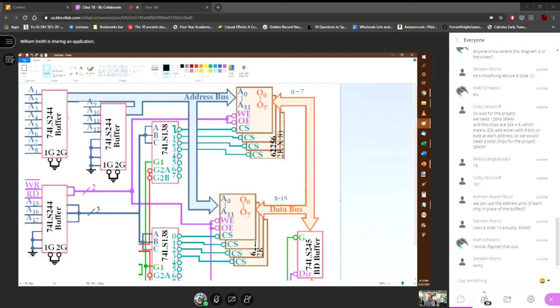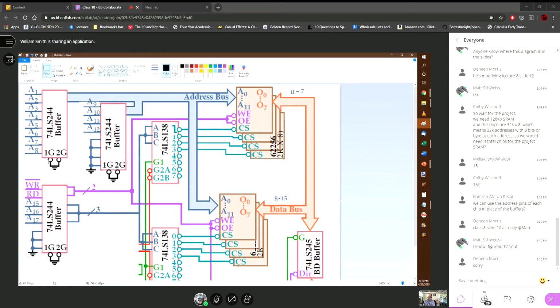You may or may not need the buffers. I don't know. It's up to you guys. You have to decide how that works, based on the requirements for your particular design. So I've got to have A12 down to A1. Now that is 12 address bits. That's going to map into A0 to A11 on my banks.